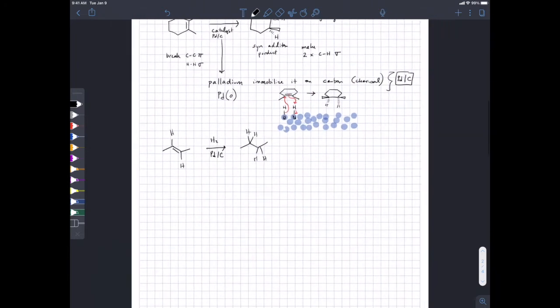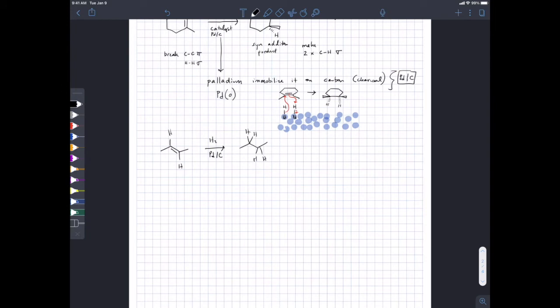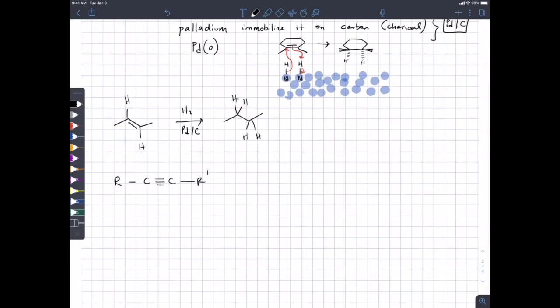This works with alkynes as well. You can take an alkyne like this, and you can use hydrogen and palladium on carbon to deliver two equivalents of hydrogen across that triple bond to go all the way down to the alkane from the alkyne.